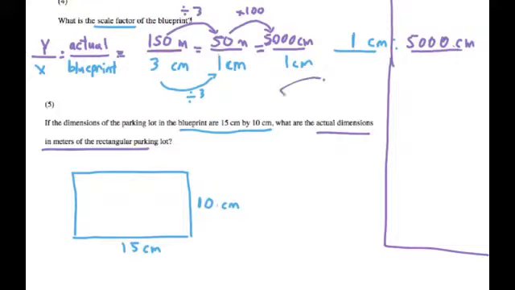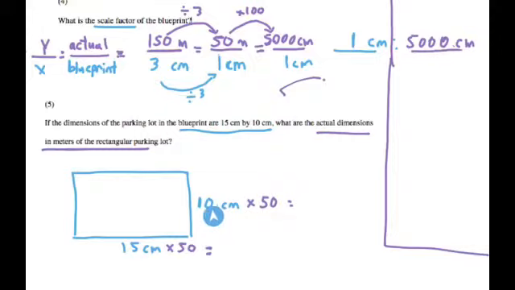So what would be the dimensions of the parking lot in real life in meters? And think about how the work that we did in question 4 can be useful to us. So which one of our equivalent rates or equivalent ratios could we use to find the actual dimensions in meters? If you said that this rate, for every 1 centimeter on the blueprints, there are 50 meters in actual length, then that could be useful to us.